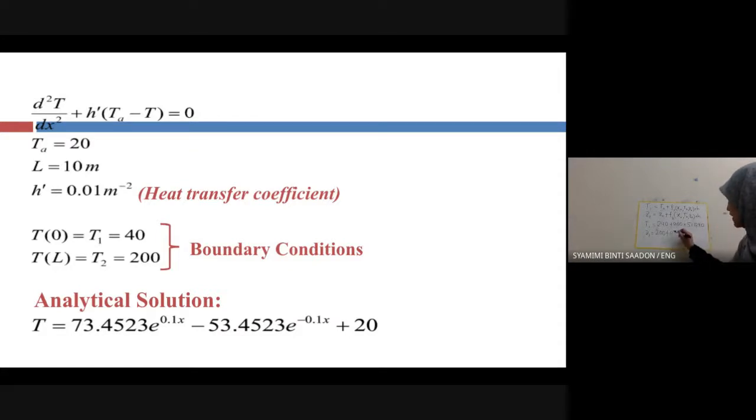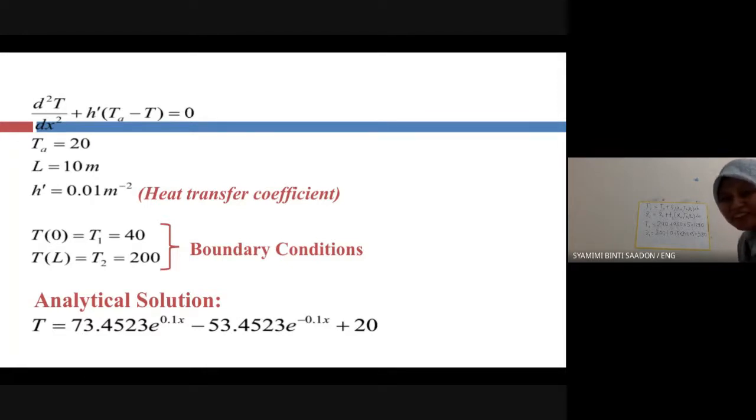So 0.15 times T0, 240, times H, step size. Okay, F2, if you remember, is 0.15 T. So times 5, which equals 380. Okay? So we have the values of T1, Z1.